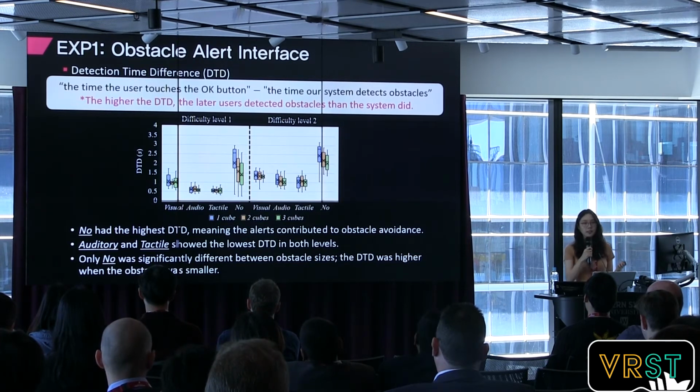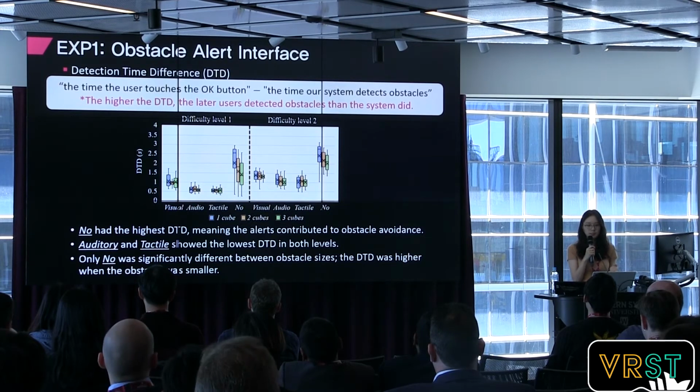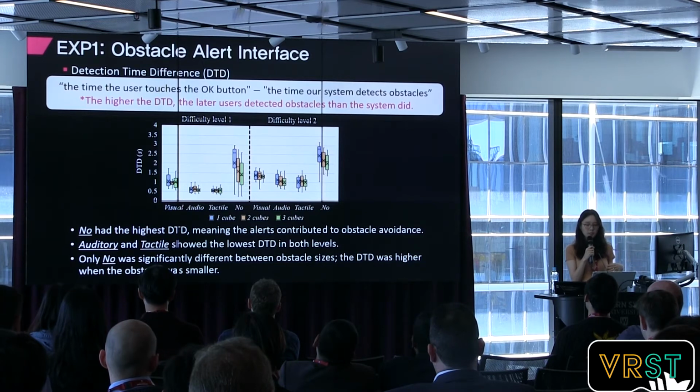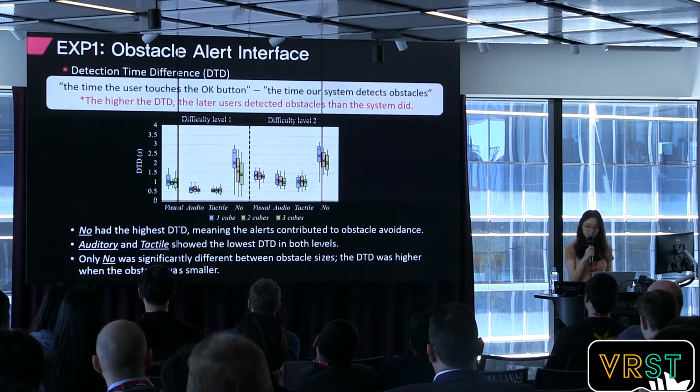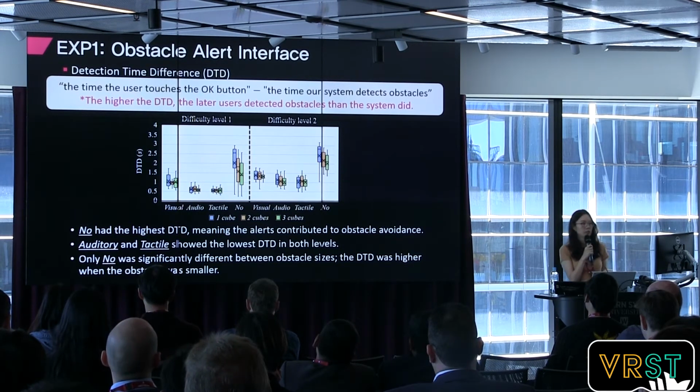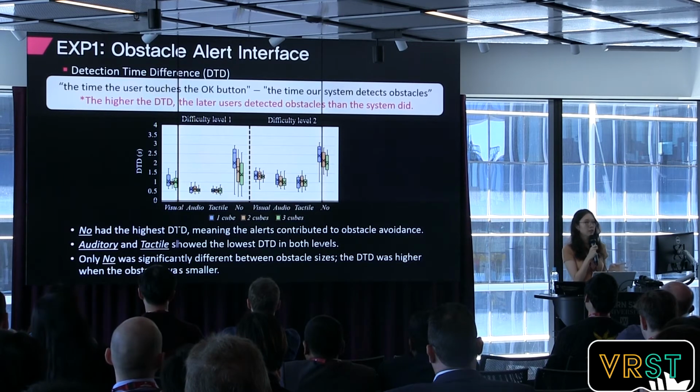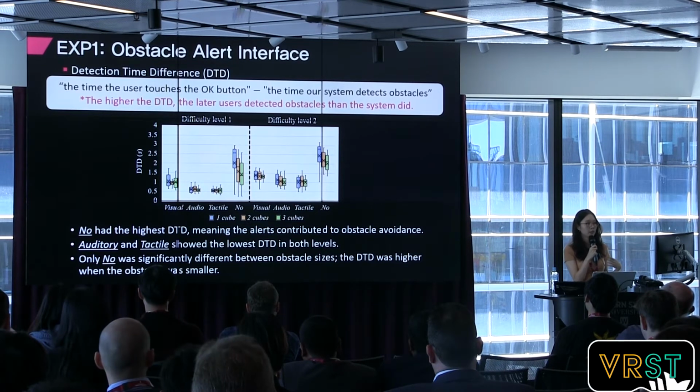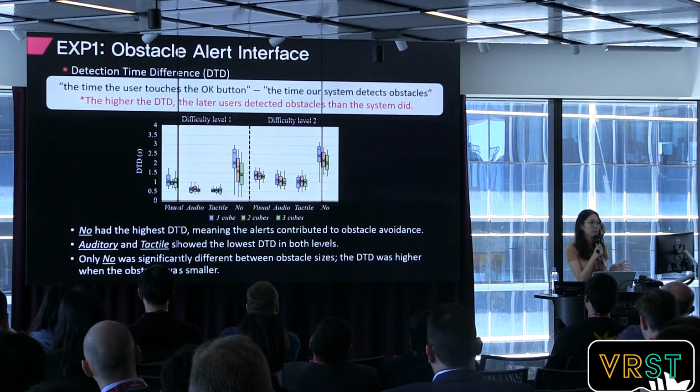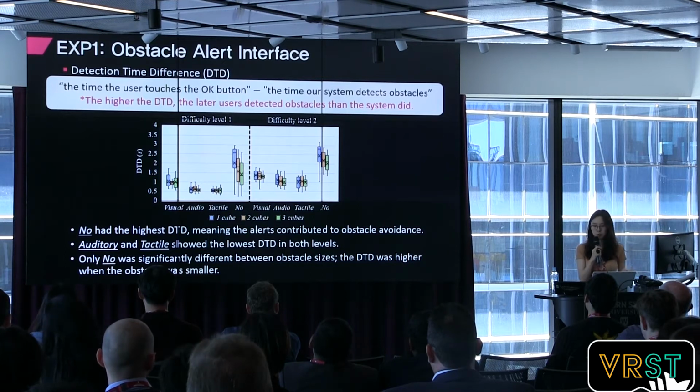Since the former actually indicates the moment when the user notices the obstacle ahead of them, this means that the higher the DTD, the later the user detected obstacles than the system did. In this sense, if the DTD is closer to 0, this means that the subject's reaction to the obstacle was almost simultaneous to the issued alert.